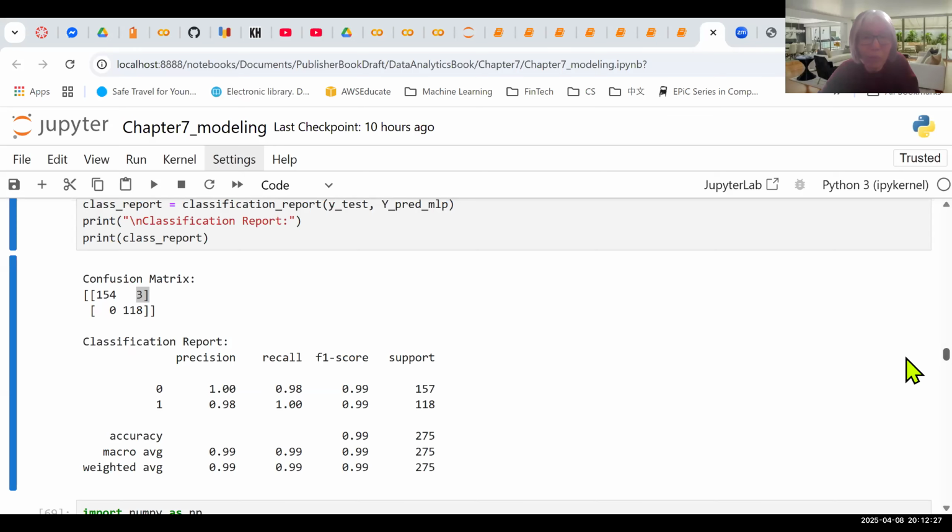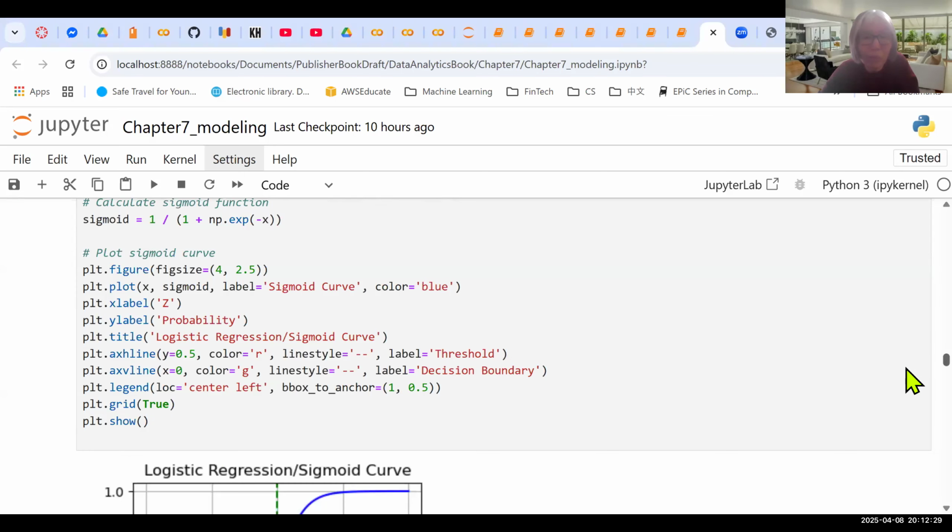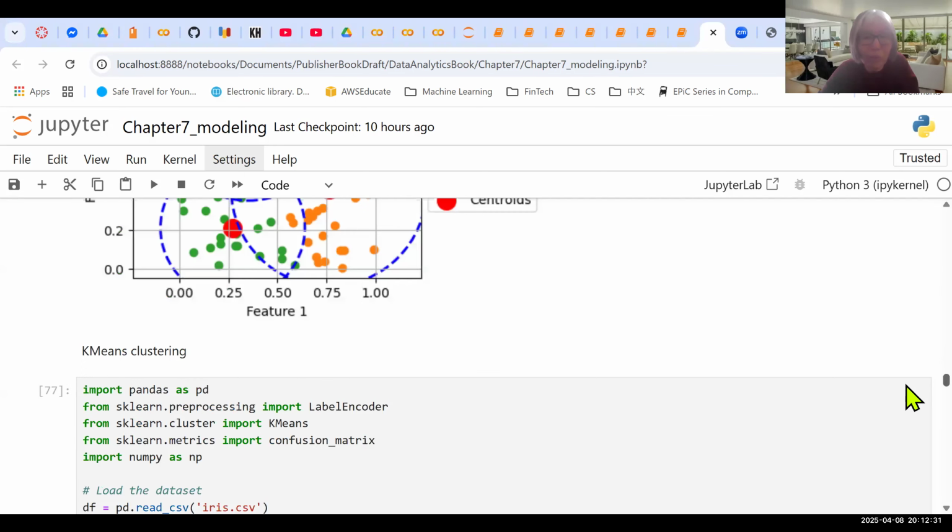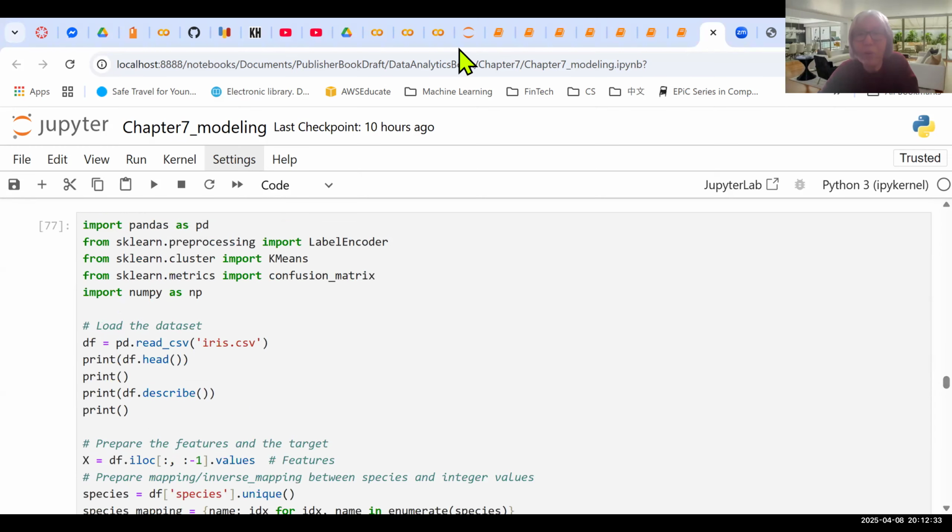So next, let's take a look at an example. Okay, so over here, we are going to do k-means clustering.